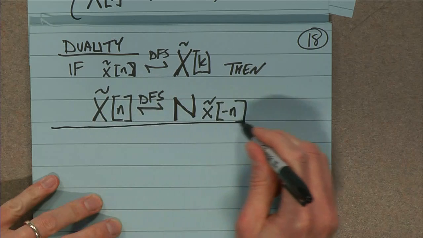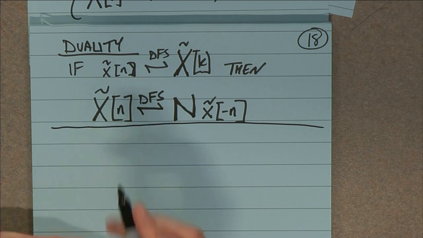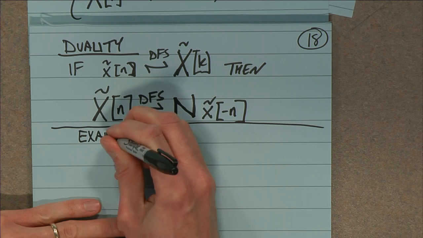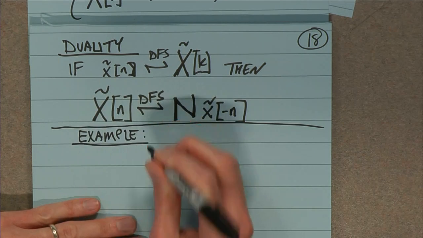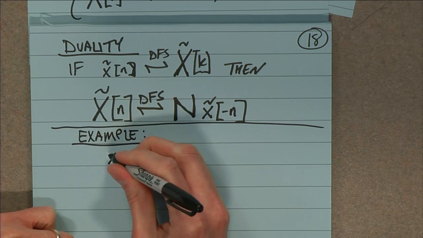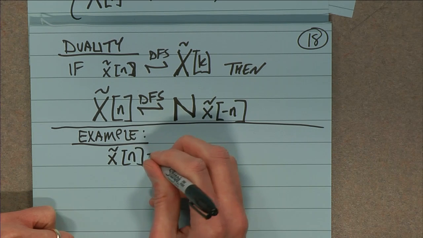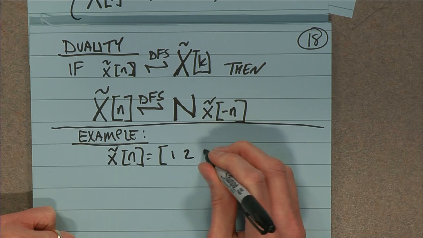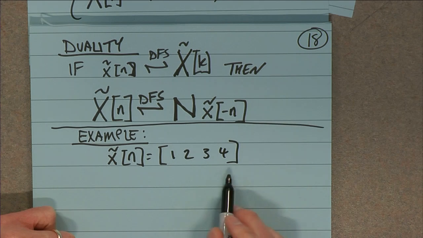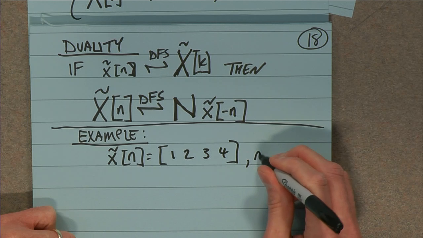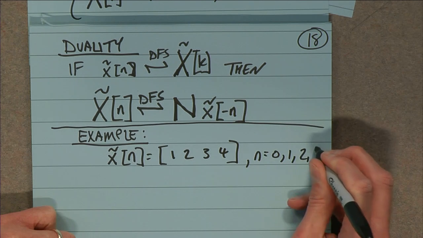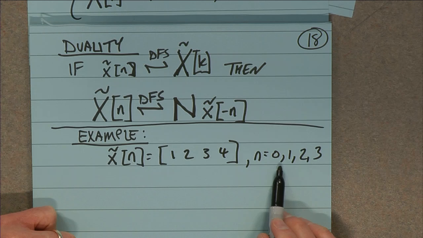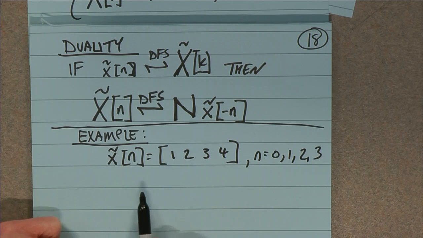So to try to fix ideas and make this somewhat clear, let's do an example that might be a little out there. So let's suppose we have x of n, and it is periodic, but I'm only going to give you the first, I guess that's sort of like the principal period, where n goes from 0, 1, 2, 3, you get these four numbers, but of course it's infinitely extended afterward and before.